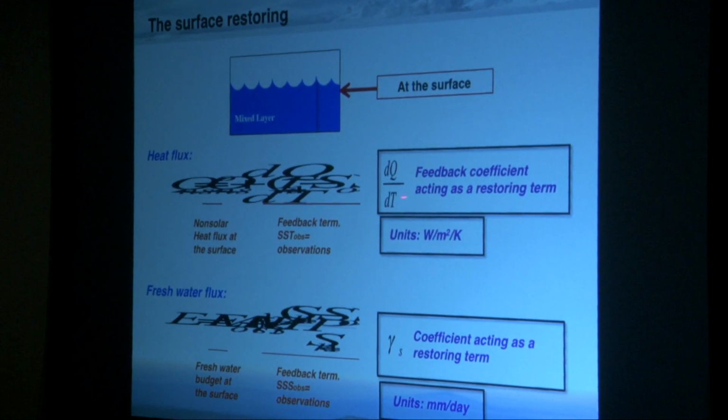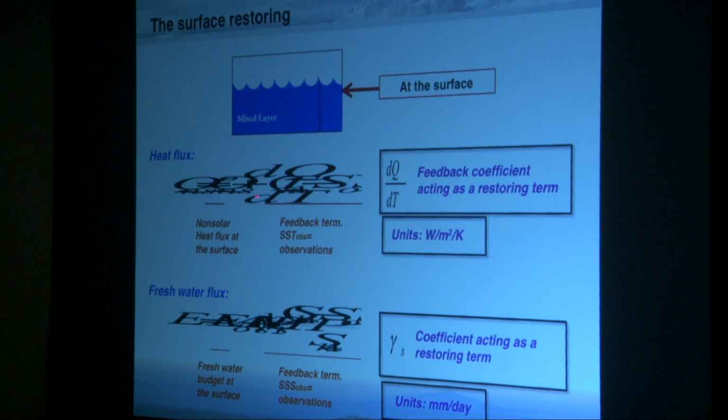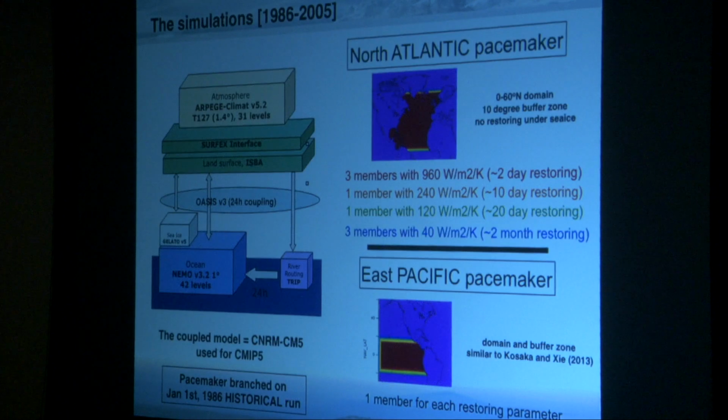You add this feedback coefficient to the non-solar flux, and then you integrate the model, so the choice of this feedback coefficient is critical. You can also do some restoring in the freshwater flux with the same idea, but I'm not going to talk about this today. I'm only going to talk about this parameter here.